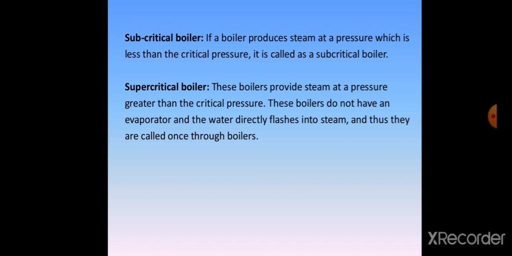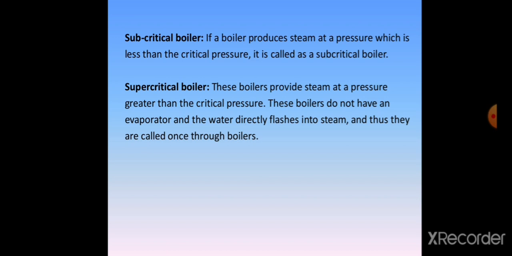And one more thing about supercritical boilers is that they do not have the steps of other conventional boilers. In other boilers, water comes inside the shell of the boiler, and after getting heat, it is converted into steam. Then this steam goes to the superheating chamber, and after that it is supplied.